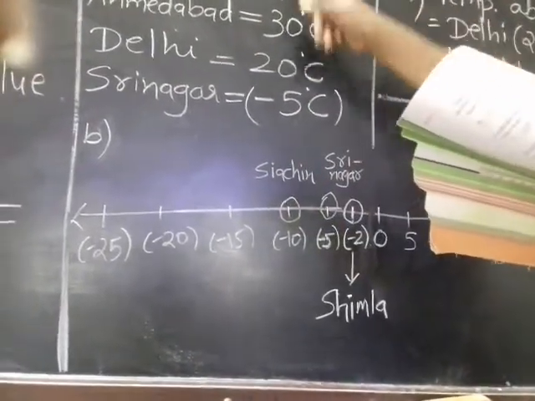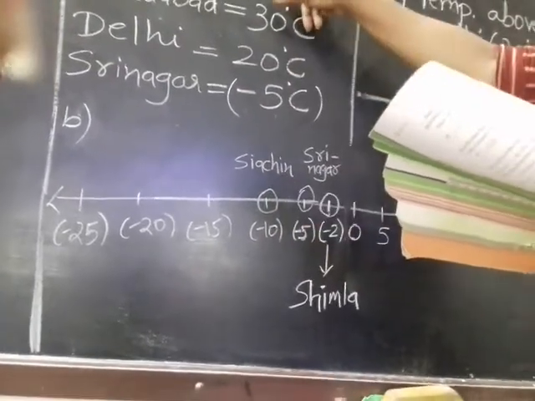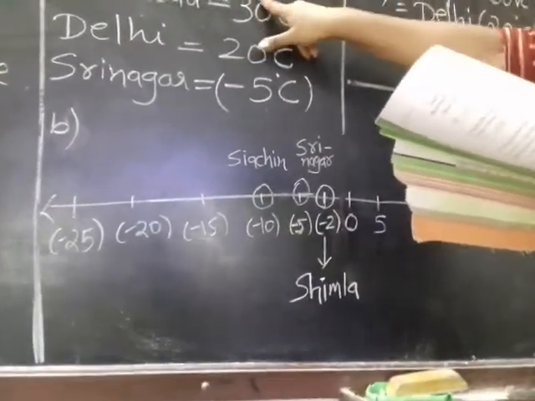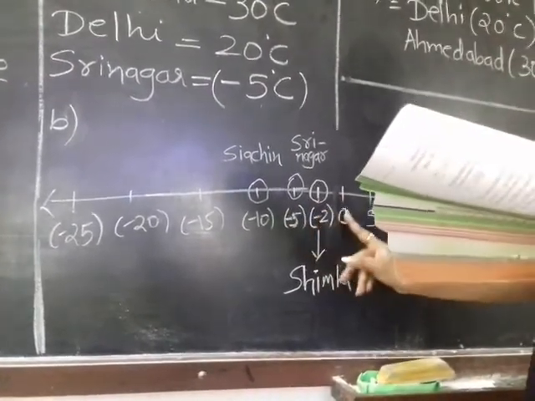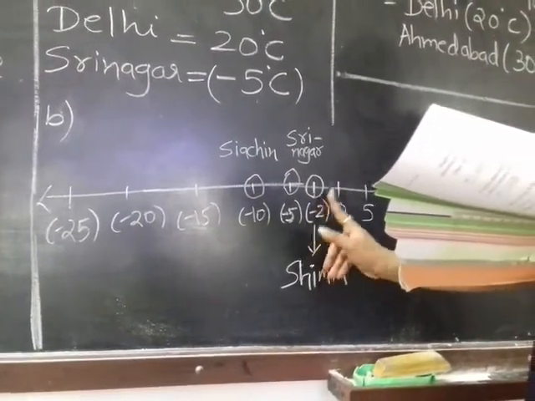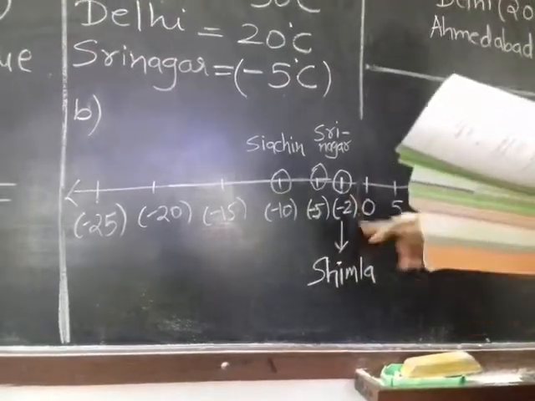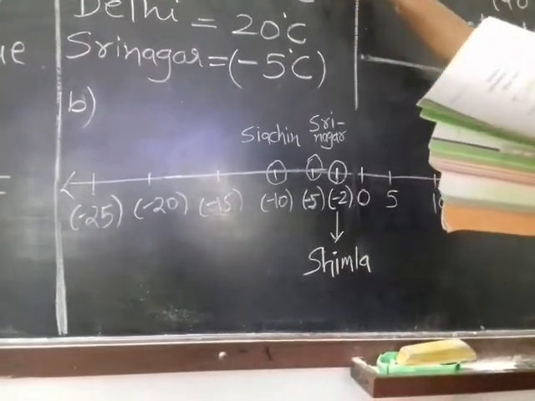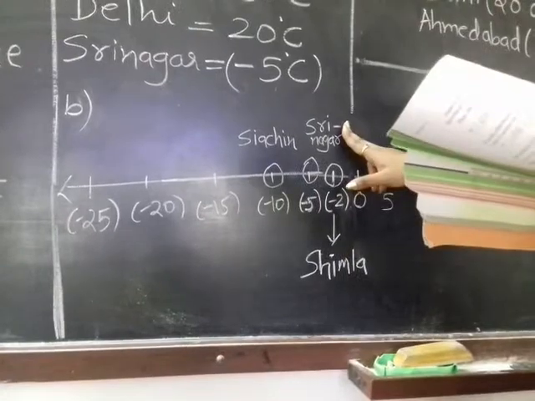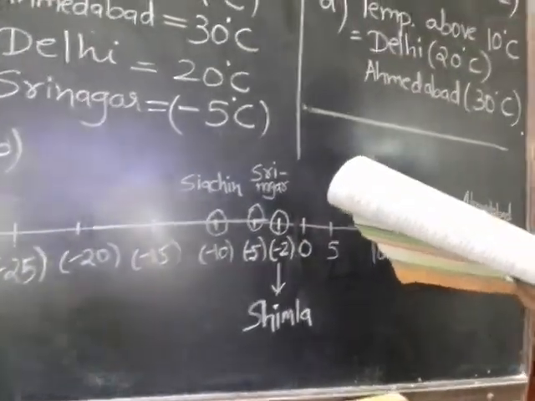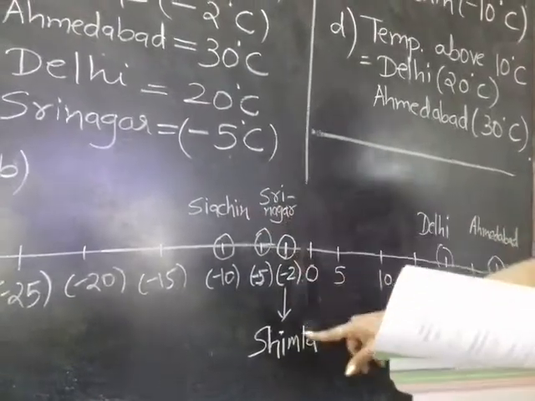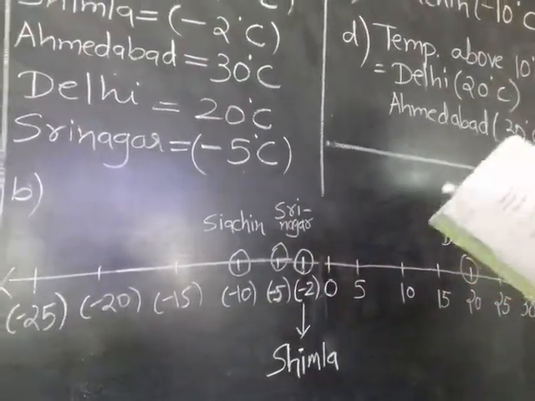So on -10 degree we have Siachen, as here I have already mentioned. -2 degree, that comes before 5, -5. After 0 it will come -1 and -2. So on -2 we have Shimla, then -5 degree we have Srinagar, 20 degree we have Delhi, and 30 degree is Ahmedabad. You only have to write the name of the places on the given numbers.